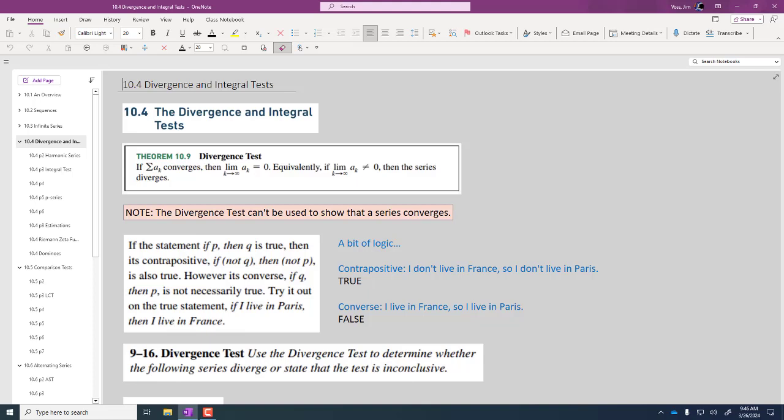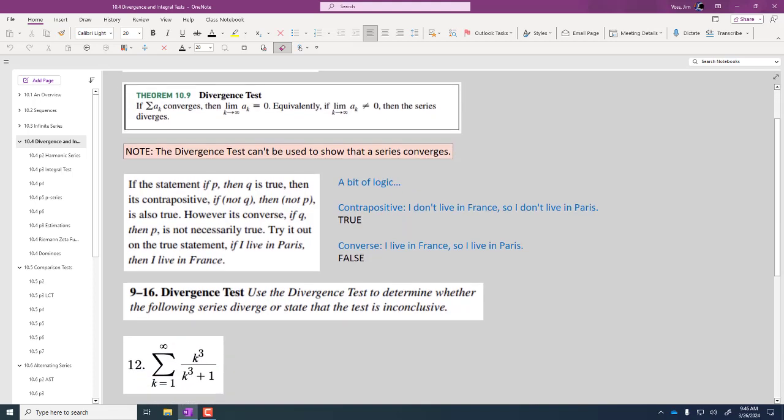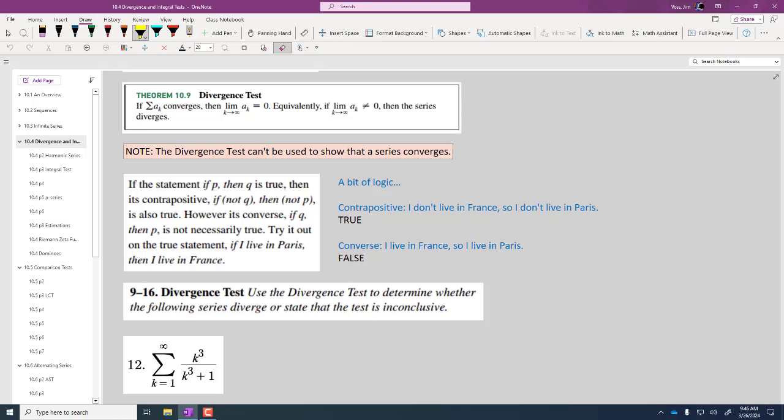So we're starting with a theorem called the divergence test. If we have a series that converges, so the series of A sub k converges, then the terms must go to 0. So if the series of A sub k converges, then the limit of the sequence of terms must be 0.